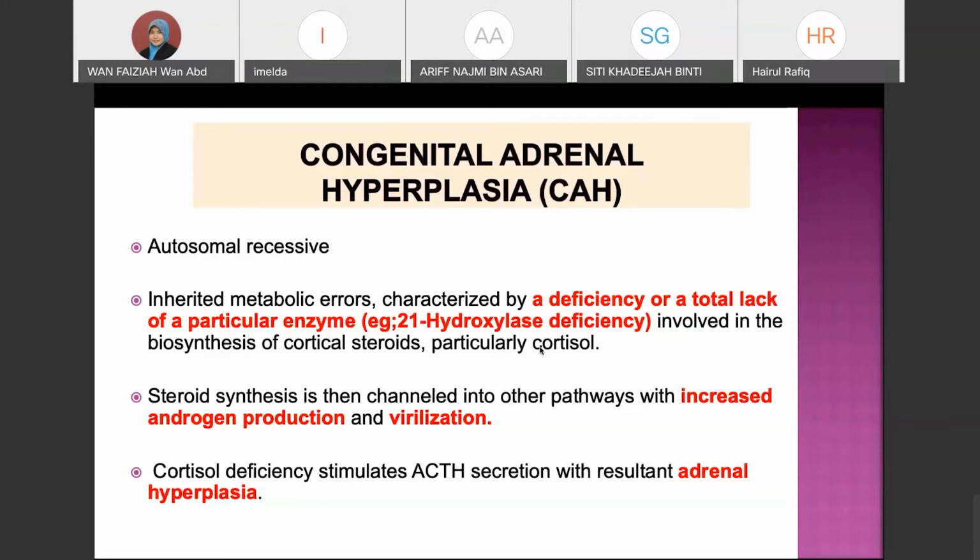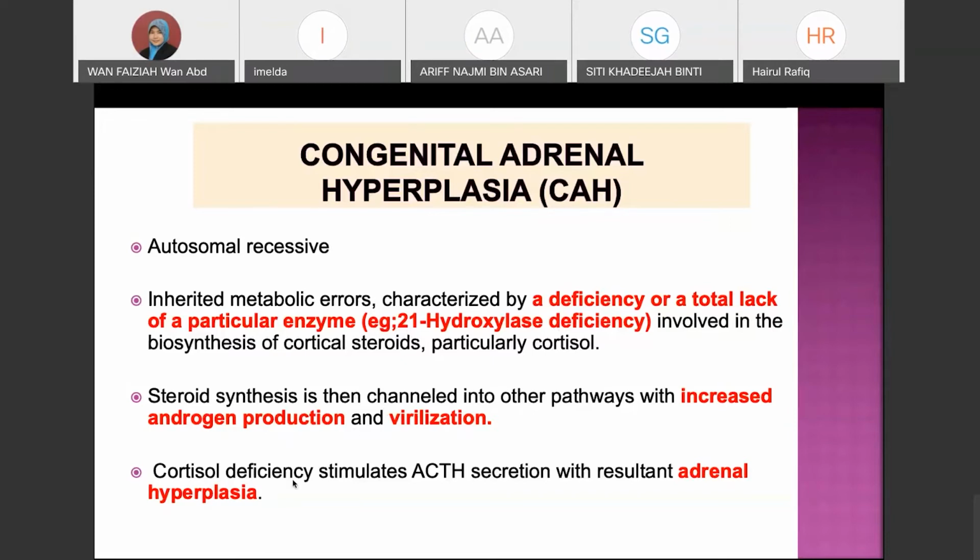Particularly, what is involved is cortisol. The steroid synthesis is then channeled because of the deficiency of this enzyme. So the steroid synthesis will be channeled to another pathway, causing an increase in androgen production or virilization, which causes the features of adrenogenital syndrome in CAH.